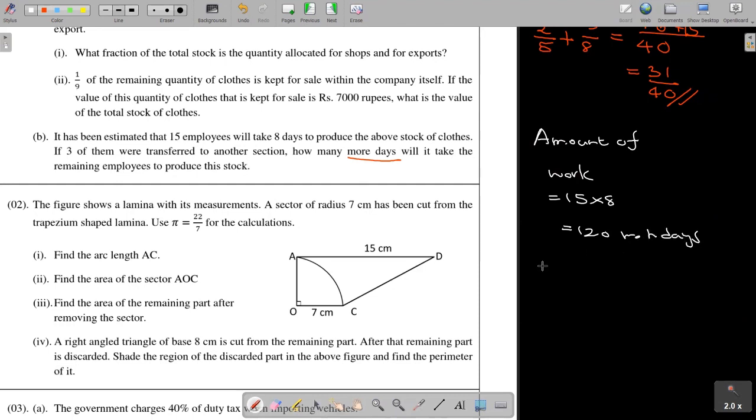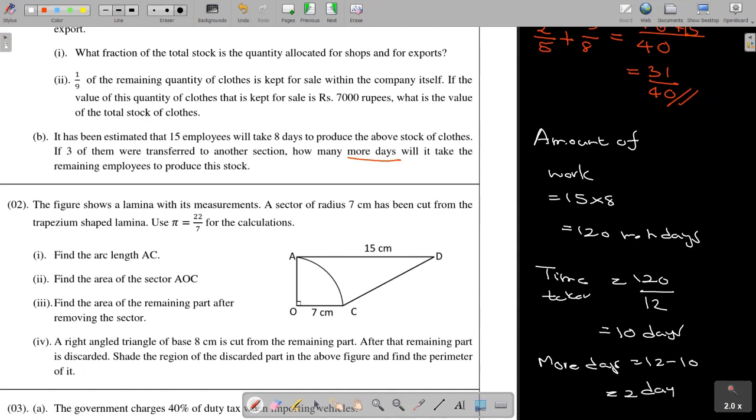Then time taken. So 120. So now there are only 2. Then 10 days. Earlier they finished in 8 days. More days. 12 minus 10. That is 2 days. Right.